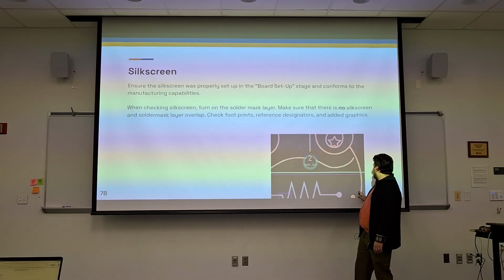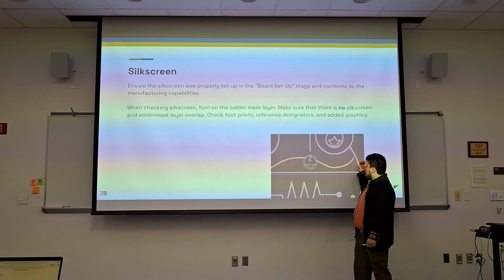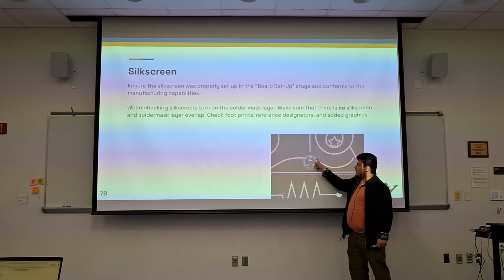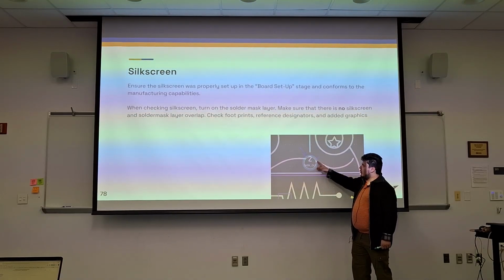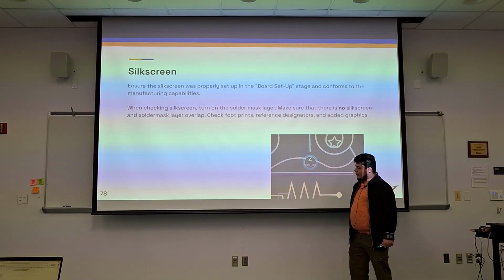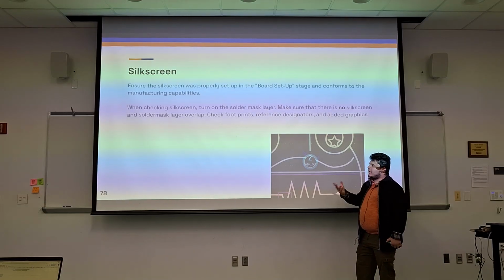If the manufacturer is getting this as a stencil, they're going to put silkscreen on the board and there's going to be residue on this. You don't want residue, you want nice clean copper. So you never want silkscreen to go on top of your solder mask clearances, and that's something to check.